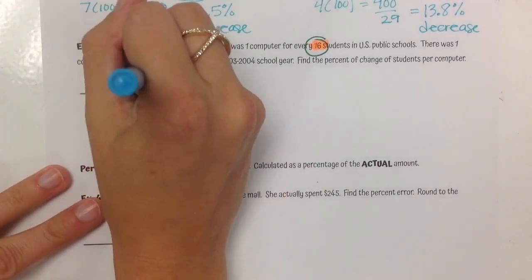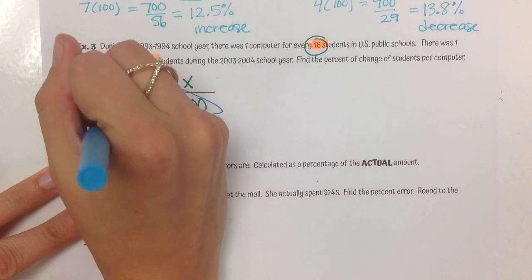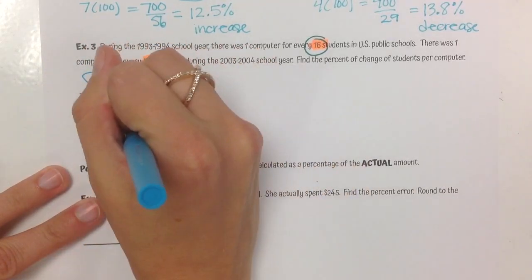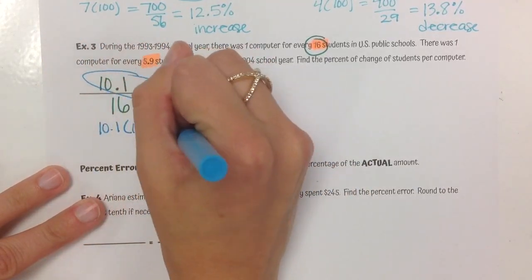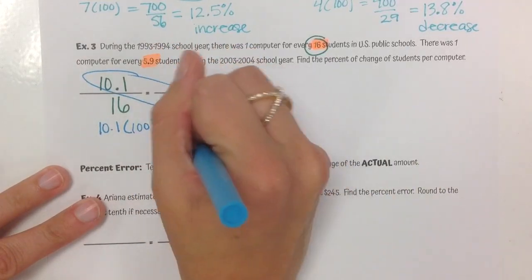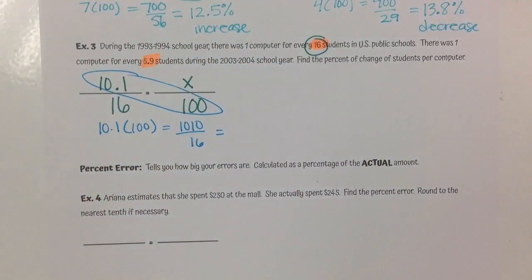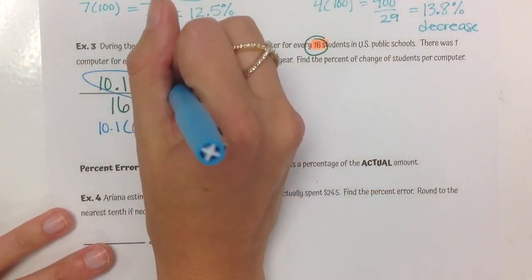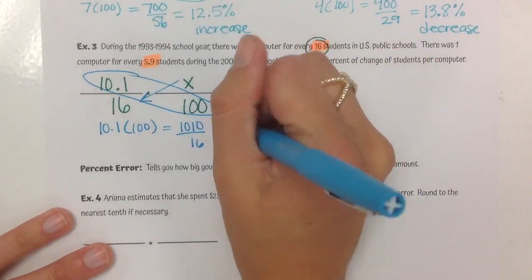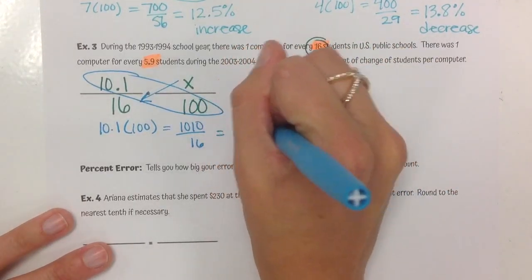Then, again, we multiply the two numbers that are opposite each other, 10 and 1/10 times 100, divided by the number opposite the variable, I should say, equals 63.125.